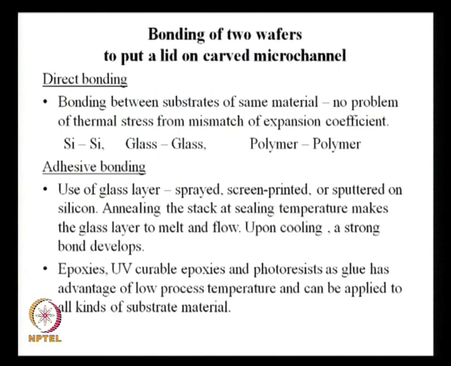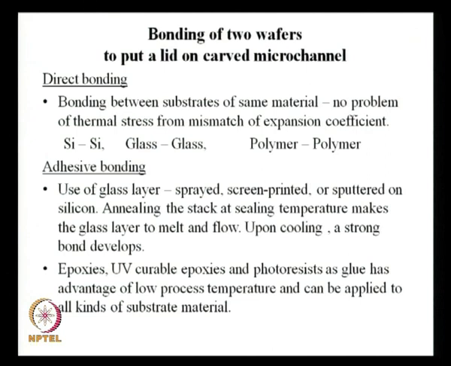The other type of adhesive bonding is the use of epoxies or UV curable epoxies and photoresists as glue. These have the advantage of low process temperature and can be applied to all kinds of substrate material. Yes, these epoxies are very popular. If you need to bond two layers, these epoxies can hold a significant amount of pressure, and they are cheap and readily available.